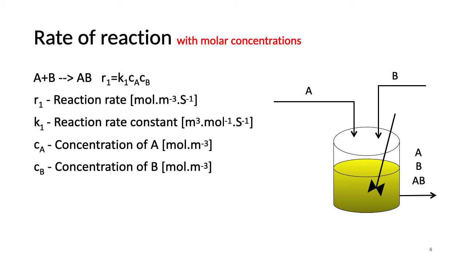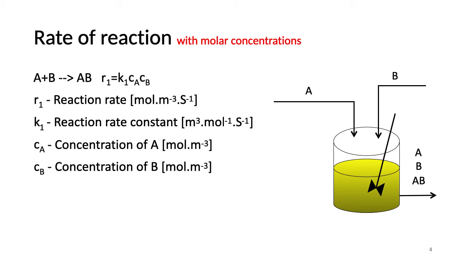Let's consider a reactor with input components A and B. A and B are well mixed inside the reactor to form the new component AB. The reaction rate R1 is given by K1 CA/CB. R1 has units of moles per cubic meter per second.